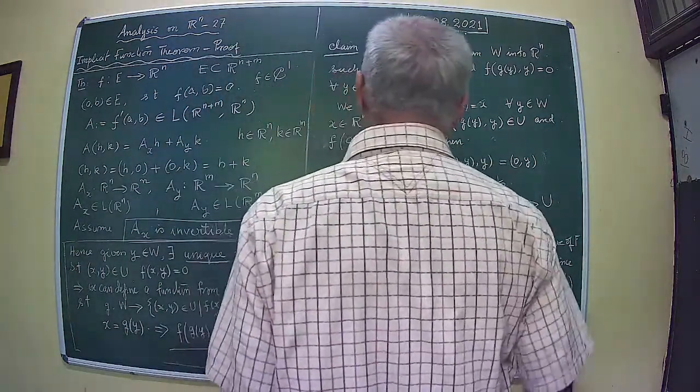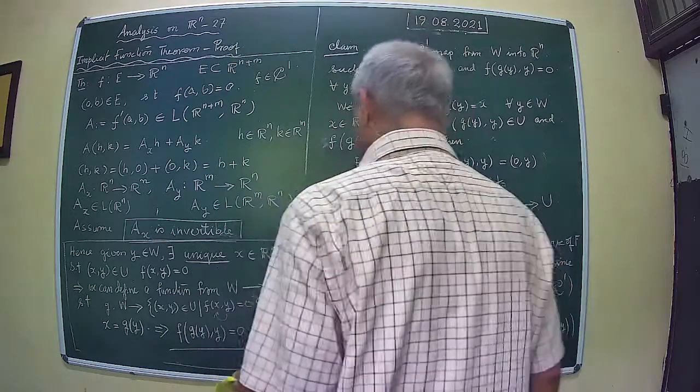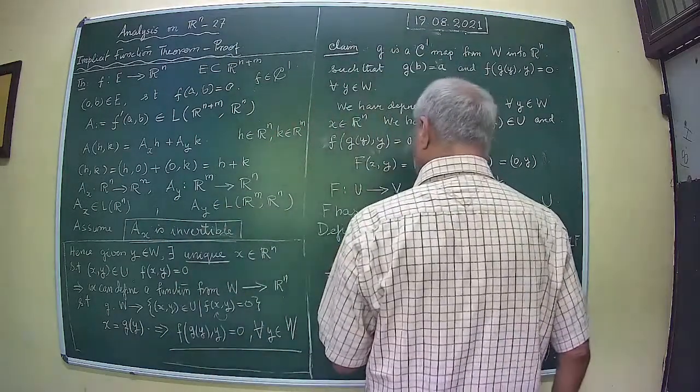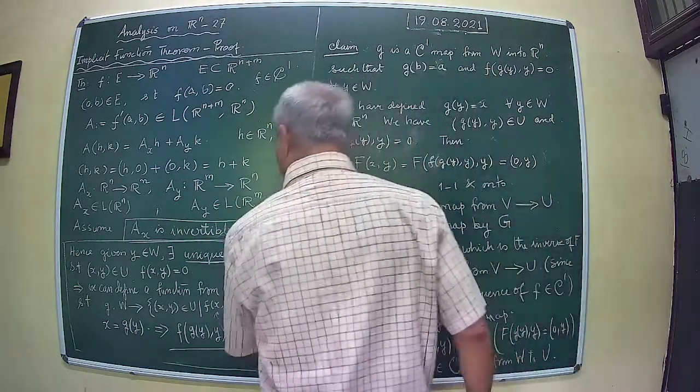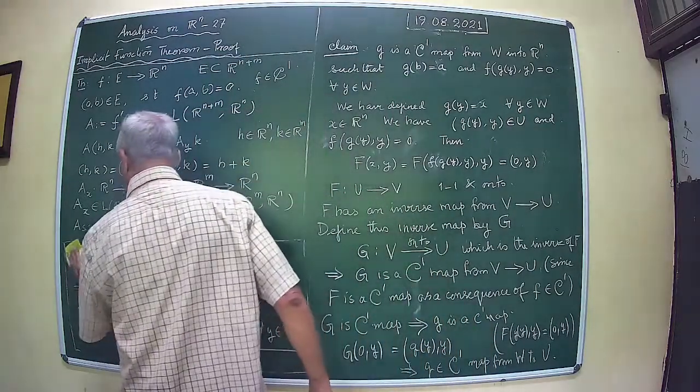Okay, so we have proved that this is a C1 map on this. So let us now complete the next part of the statement. So let me write down the next part of the statement.